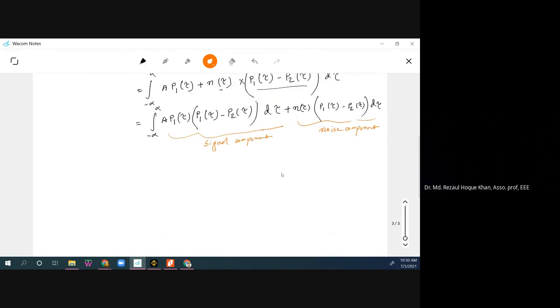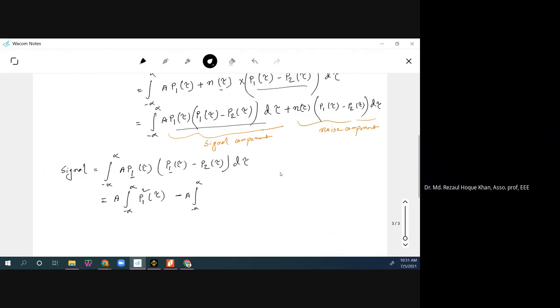Okay, so let's analyze them individually. Signal component first. We separate it: A times the integral of p1 squared(tau) d tau, minus A times the integral of p1(tau) p2(tau) d tau. Oh, I missed d tau here also.